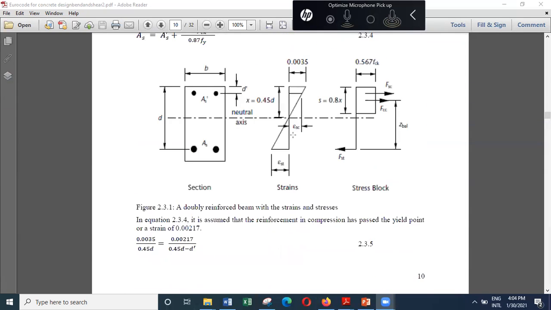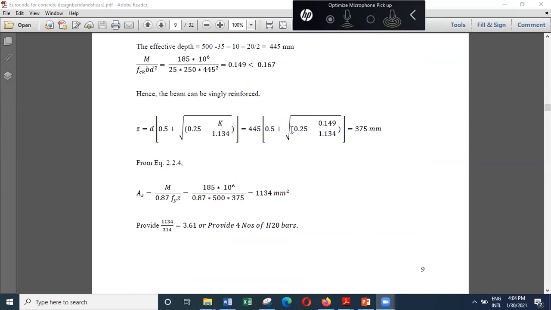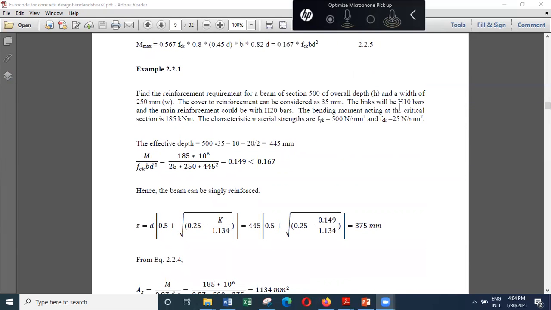So now we repeat the same problem with a moment of 285, and that also shows the advantage of reinforced concrete. One of the main advantages of reinforced concrete is that for the same section you can carry heavy loads or light loads.